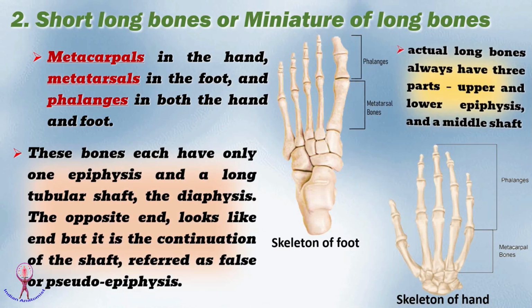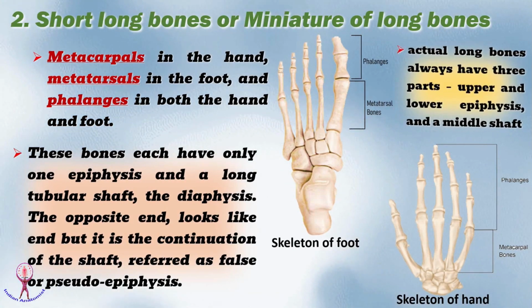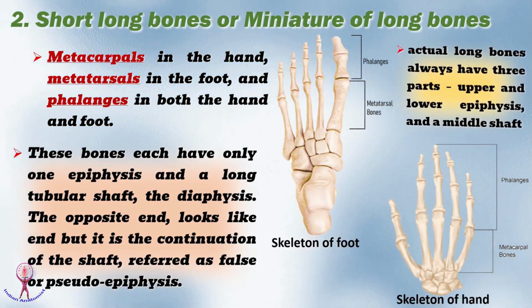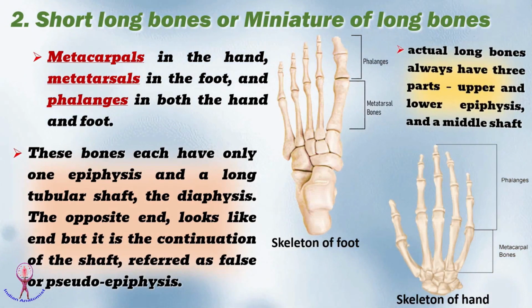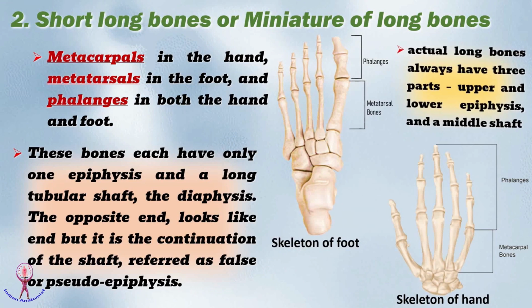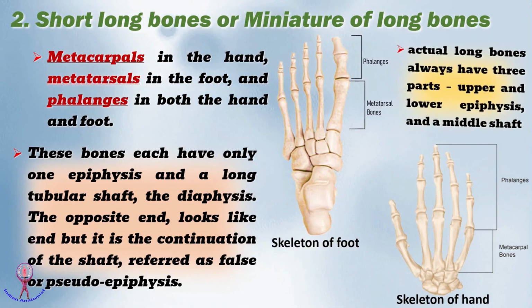Whereas short long bones each have only 1 epiphysis and a long tubular shaft, the diaphysis. The opposite end looks like an end, but it is the continuation of the shaft, also referred to as the pseudoepiphysis.